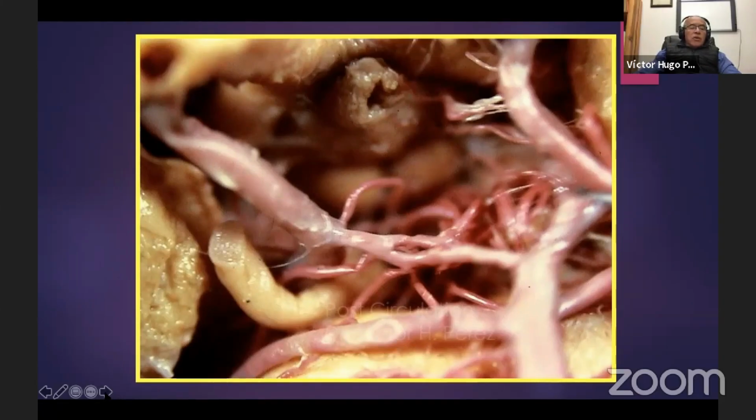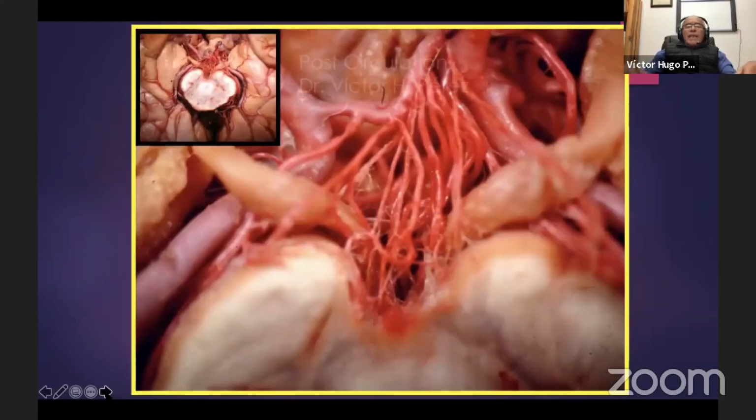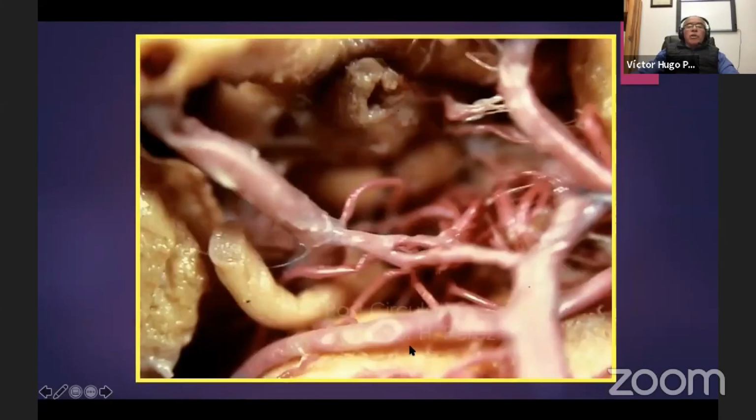Look in the next picture, the numerous arteries coming from this very small P1 segment of posterior cerebral artery. Again, I'm going to put this picture in order to differentiate these arteries.